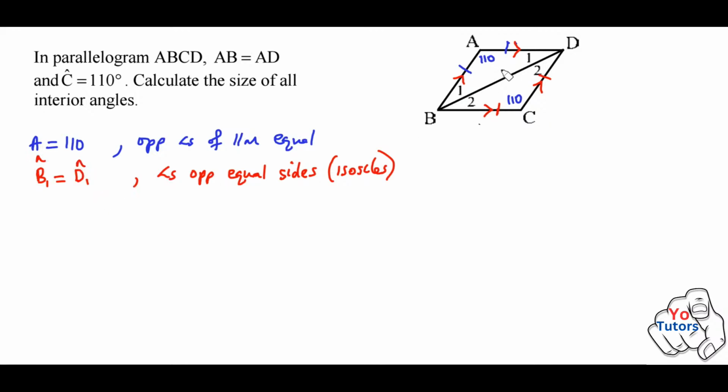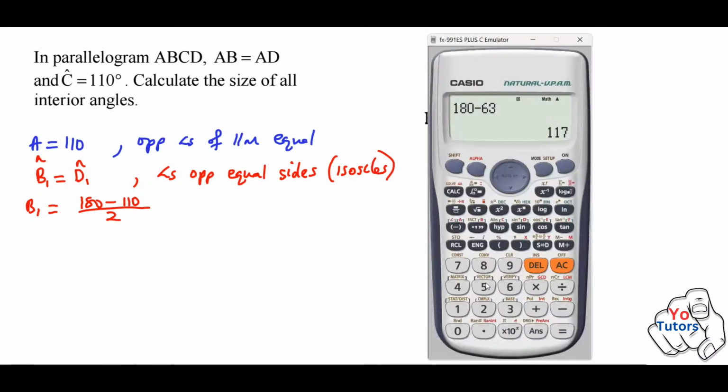Now what can we say? We can now find B1. So B1 is going to be equal to 180 minus 110, divided by 2. Let's see that. 180 minus 110, we divide that by 2, we get 35.